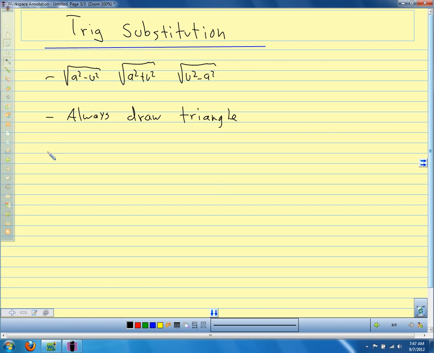What I try to do, this is my personal bias for trig substitution, is I try to get, for my triangle, u, or whatever my x, whatever my function is, in terms of sine theta, tangent theta, or secant theta.